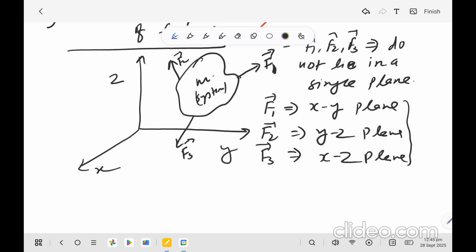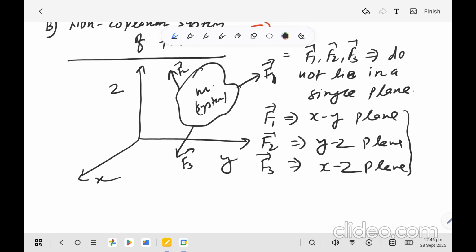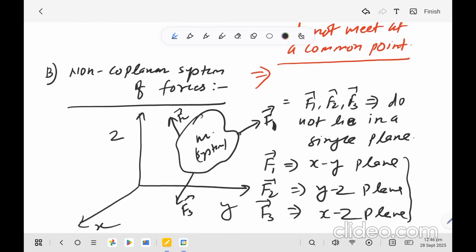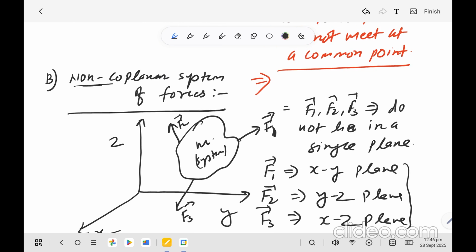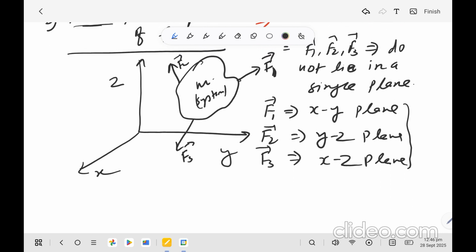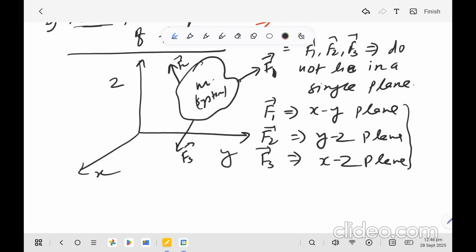All these forces are responsible for the motion of this object in space. So if F1 lies in the xy plane, F2 lies in the yz plane, and F3 lies in the xz plane, then we define this group of forces as a non-coplanar system of forces. It means the forces acting on the object do not lie in a single plane.